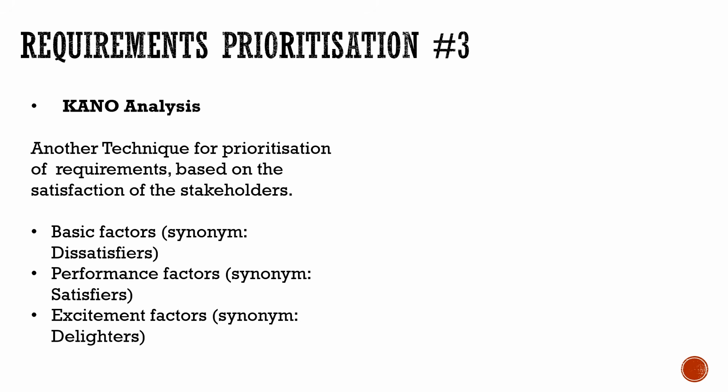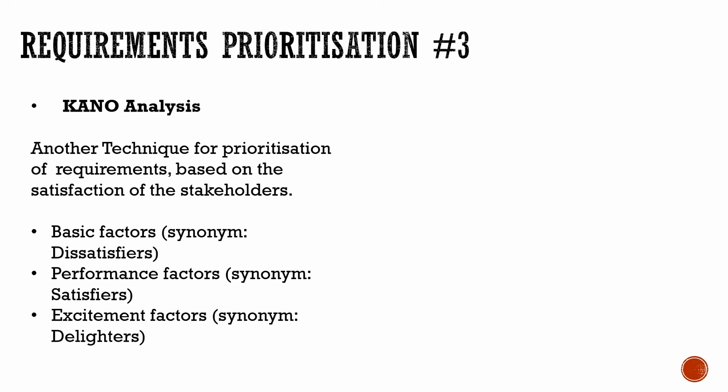And then we have the performance factors, which are basically the drawing factor for the customers to use the application. The next one is excitement factors. These are basically your differentiator from the competitors, your USP or unique selling proposition.